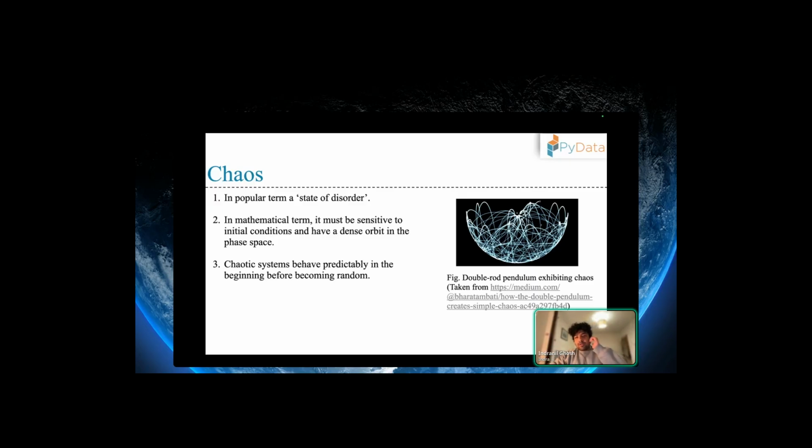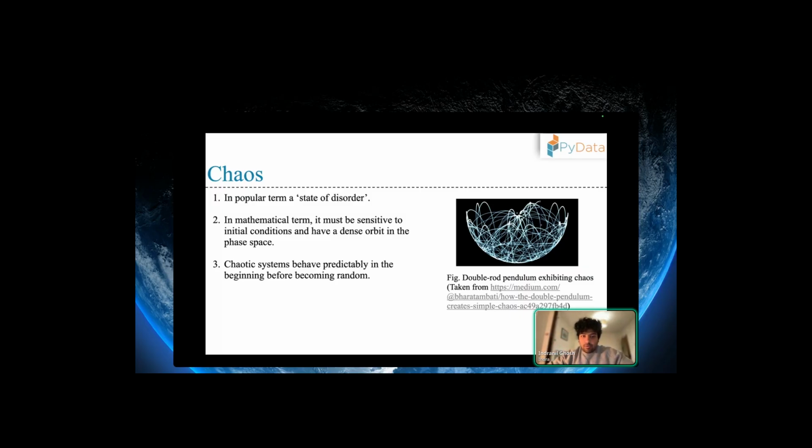This is a very famous example from physics that people get taught in undergrad physics. I don't know whether you can see the double rod. It's a double rod pendulum, where one pendulum is connected to another, and when you give it a sway, after some time it starts doing chaotic motion.